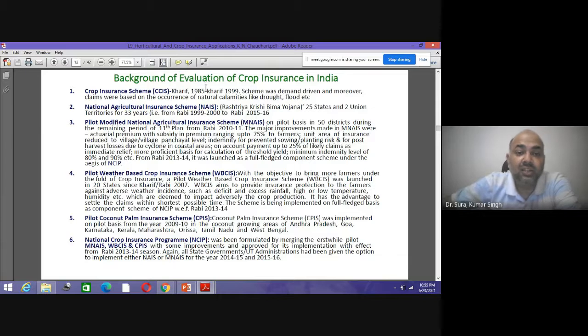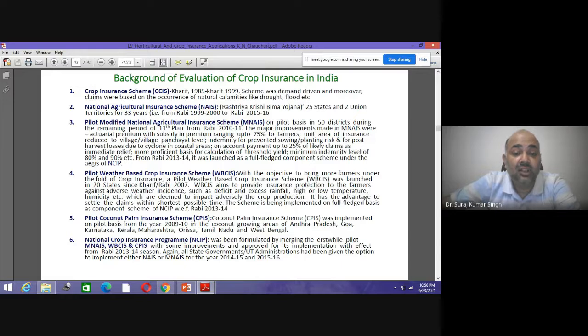So the background of evaluation of crop insurance in India: the Comprehensive Crop Insurance Scheme, Kharif 1985 to Kharif 1999, was demand driven, and moreover claims were based on occurrence of natural calamity like drought and floods. Thereafter, the National Agriculture Insurance Scheme was initiated under Rashtriya Krishi Bima Yojana, where 25 states and 2 union territories for 3 years we have created the database.